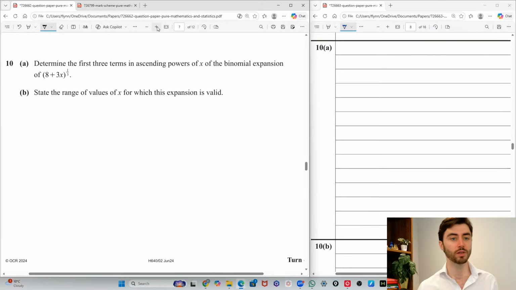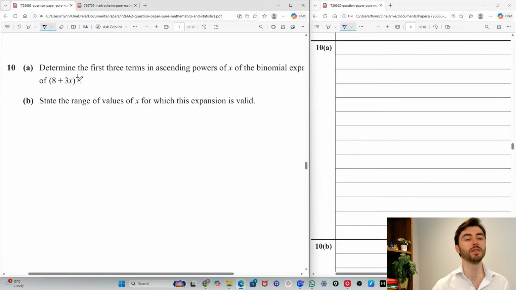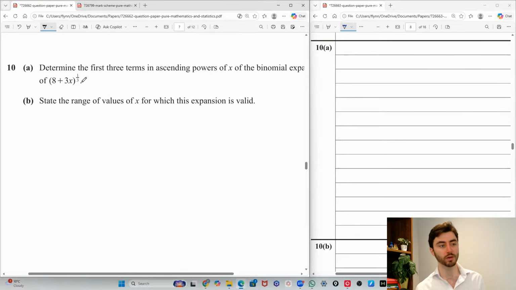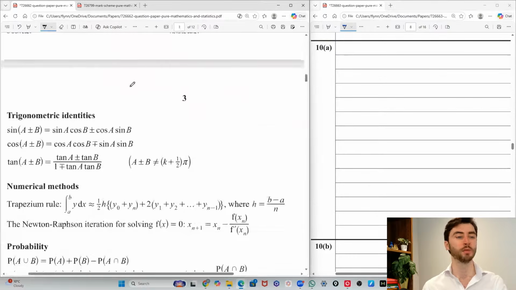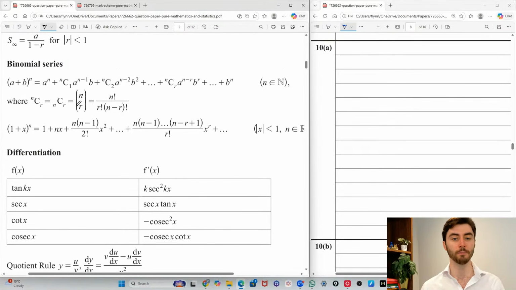So the first 3 terms of the binomial expansion, right. This is a fractional power, which means I want to use my second year binomial expansion technique. Again, let's look at the formula book. Make sure it's up there for you guys. Yes, it is. So we want the second one here, which is where n is not a positive integer.